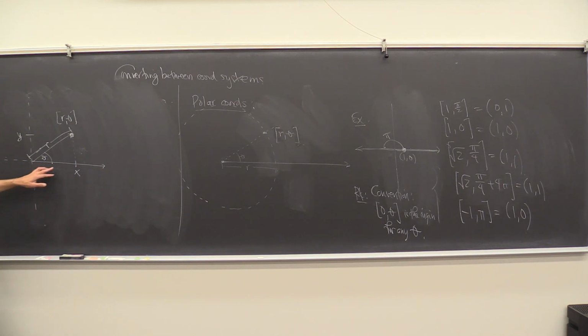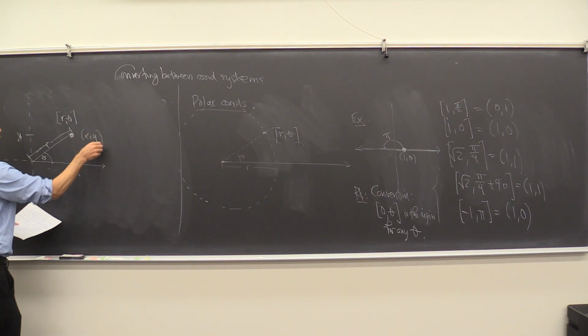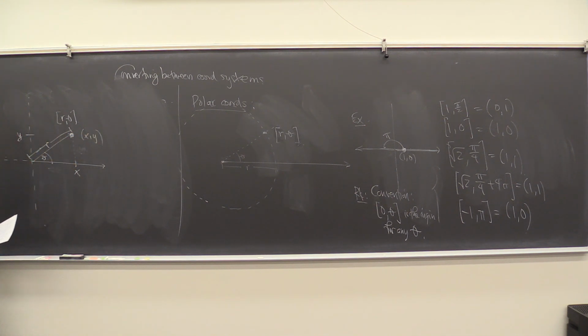So what do you see about this? Well, x and y are the coordinates on this circle. So does anybody see a relation between x, y, r, and theta?